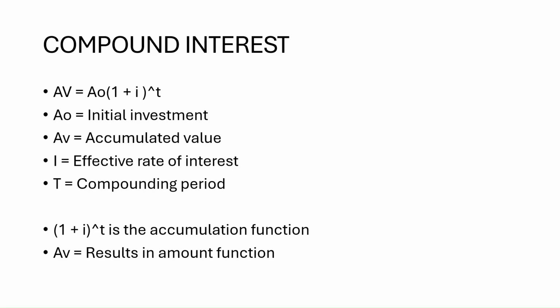Now the whole thing, the AV, which equals A0 times (1 plus i) to the power t, is called the amount function. So that is what allows you to get to another level. The (1 plus i) to the power t is the function that helps your money grow. So once you multiply that with the initial investment, then you have the amount function.